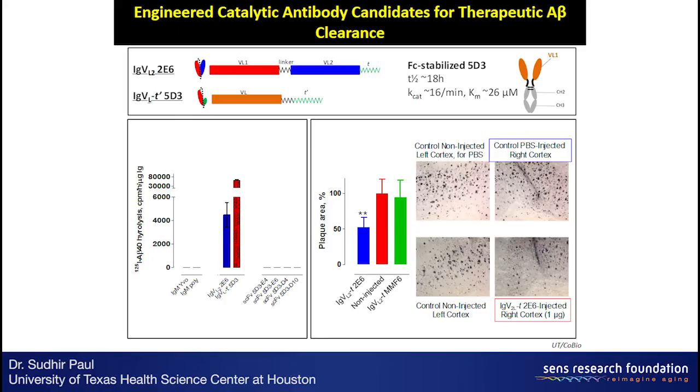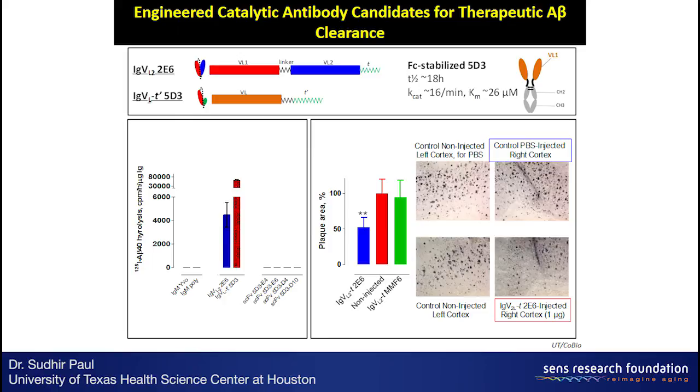These are highly catalytic. Their injection into a transgenic mouse model of Alzheimer disease, the injection of these fragments directly into the brain results in clearance of amyloid peptide from the brain.